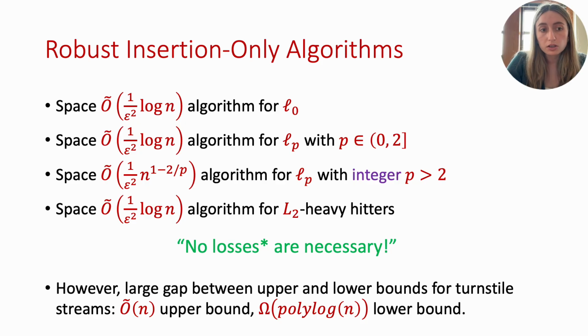Unfortunately, though, there's currently a large gap between the upper and lower bounds for turnstile streams. In fact, the upper bound is just the trivial O of n upper bound, where we store the entire frequency vector. And the lower bound is some polylog n, which comes from the standard streaming model for that problem.